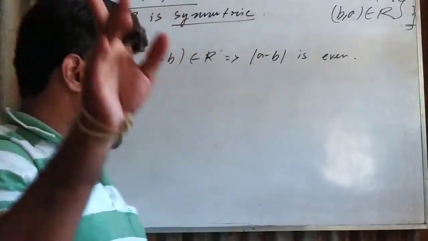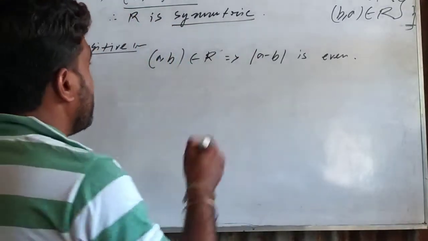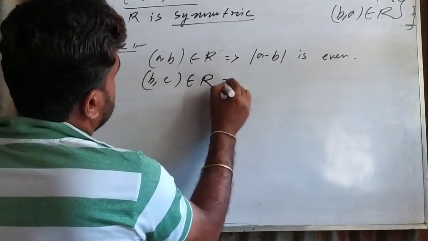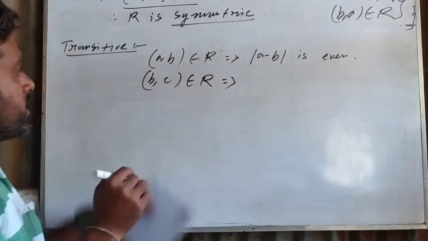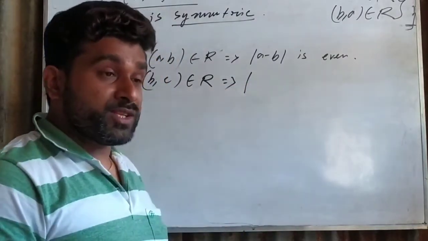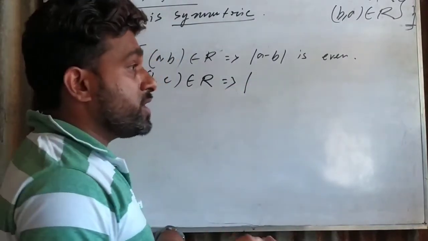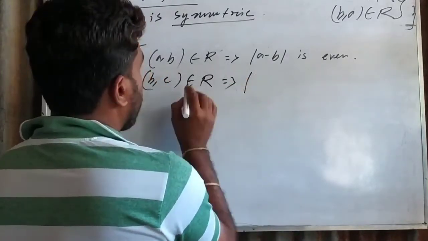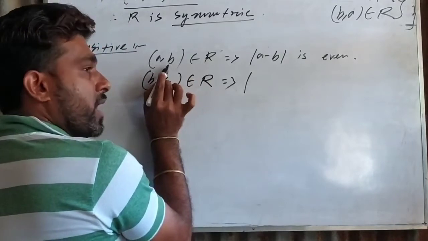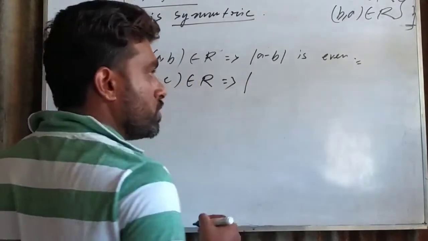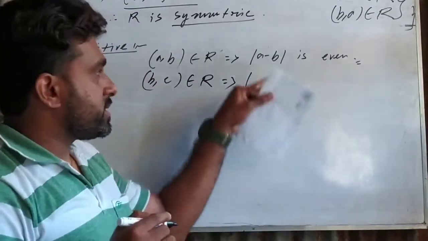So here B comma C belongs to R. Here you can see these 2 relations and the friendship relation. When will this friendship happen? The friendship will happen when this condition is satisfied. And the condition is what? If A and B are friends, then they should follow this condition also.